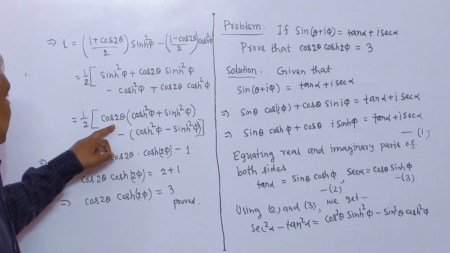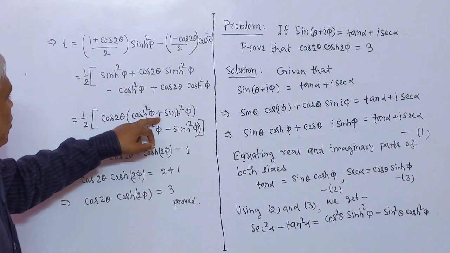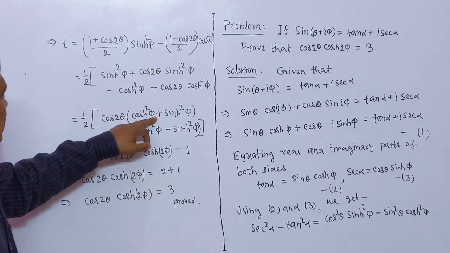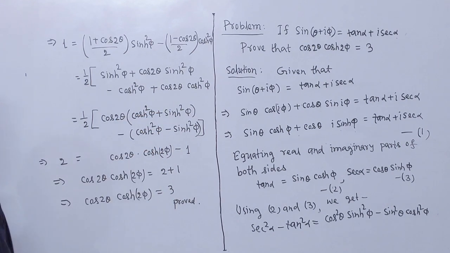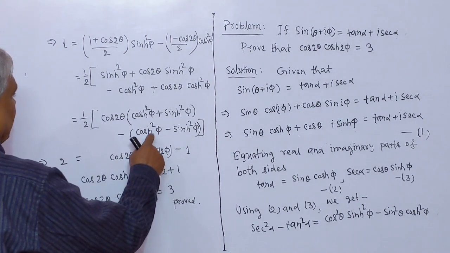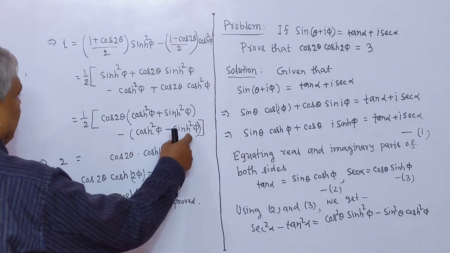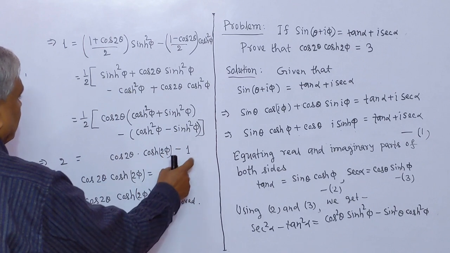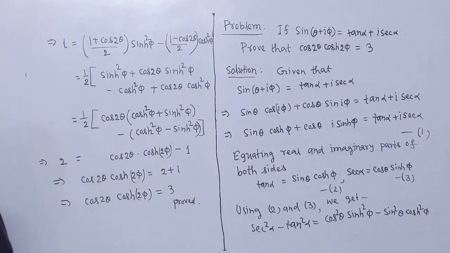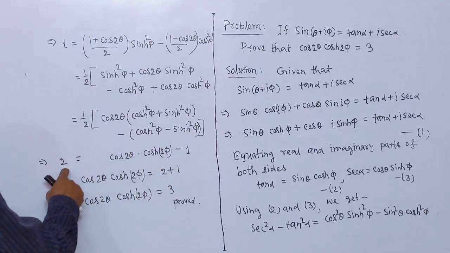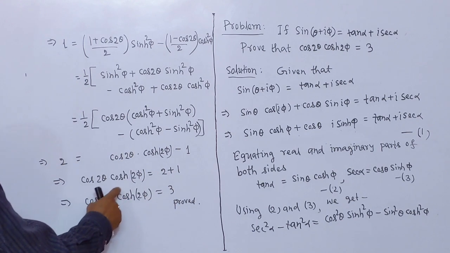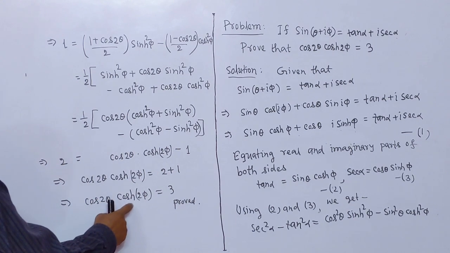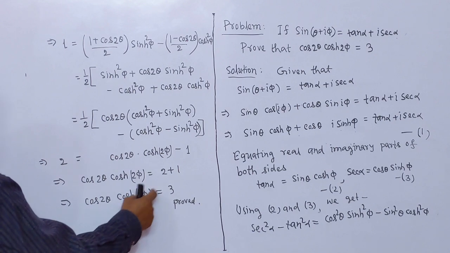Cos 2 theta, and value of this formula is cosh 2 phi, and formula of this cosh square phi minus sinh square phi is 1. We write here 1. We send minus 1 to this side. This will become 3. And left side cos 2 theta cosh 2 phi, and right side 3.